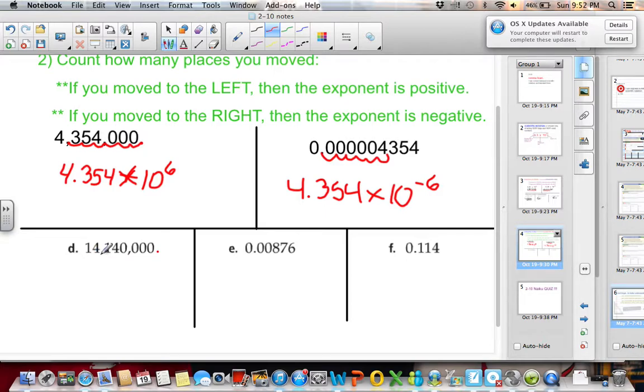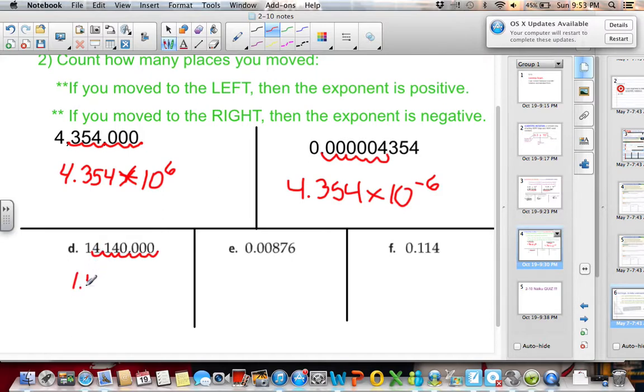If I go to 14, that's too big, that's greater than 10. So then I count 1, 2, 3, 4, 5, 6, 7.